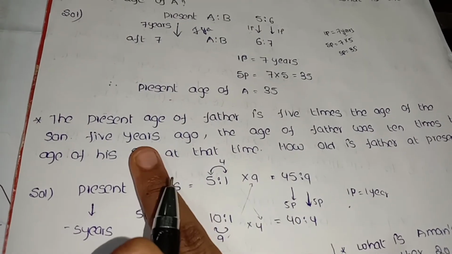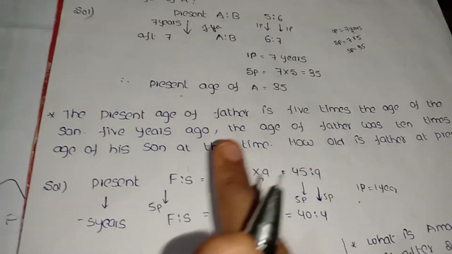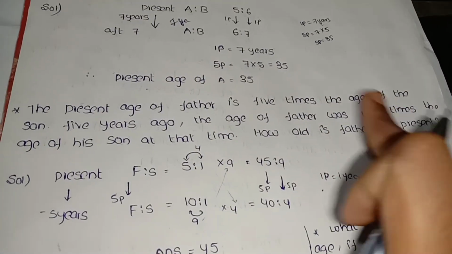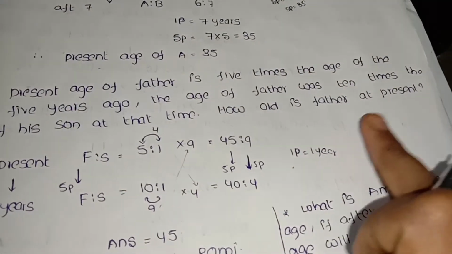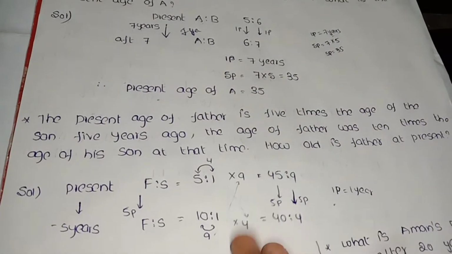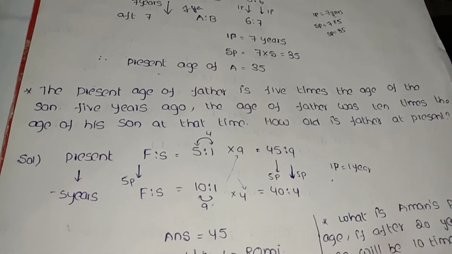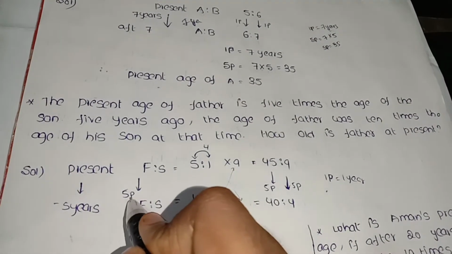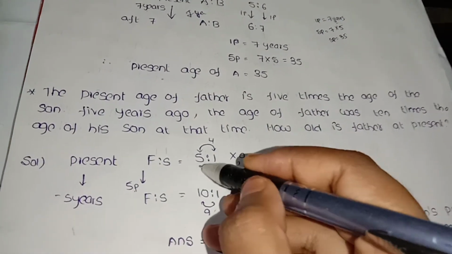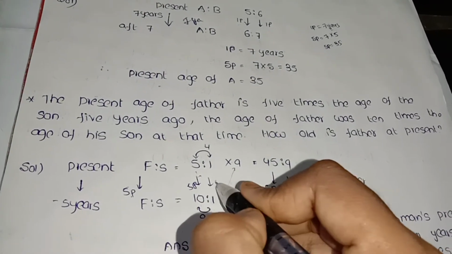And 5 years ago. Ago means we have to subtract. 5 years ago, the age of father was 10 times the age of his son. It means 10:1 ratio.